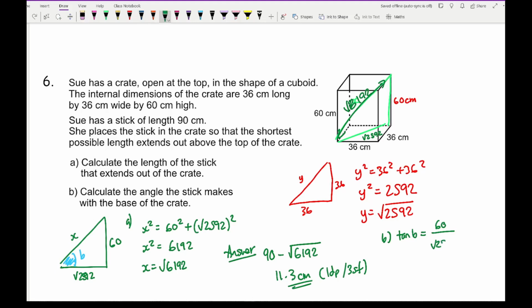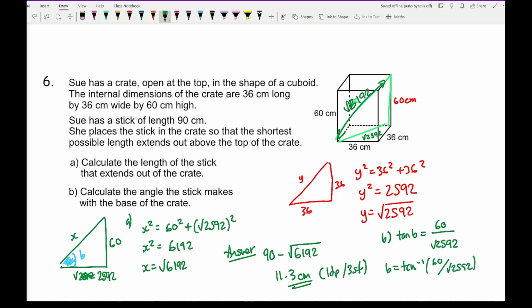2592. And what we then get is that B equals the inverse tan of 60 over root 2592.